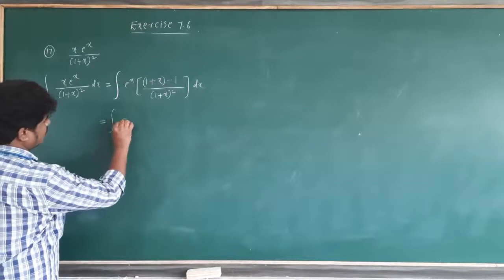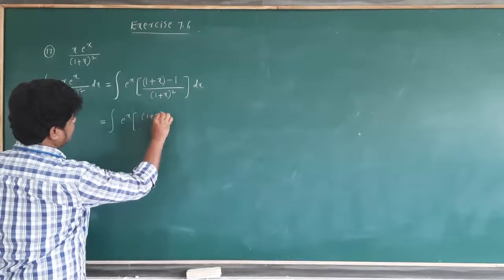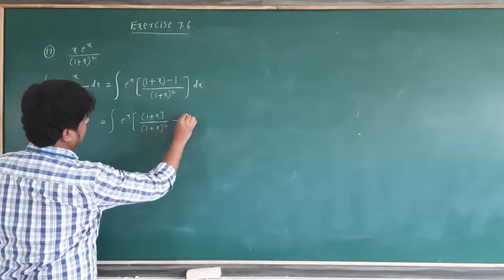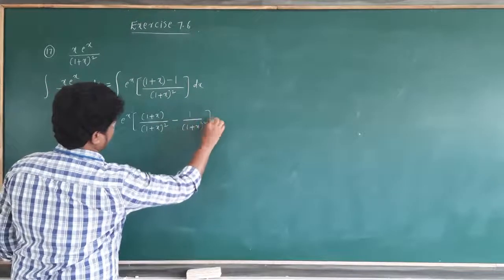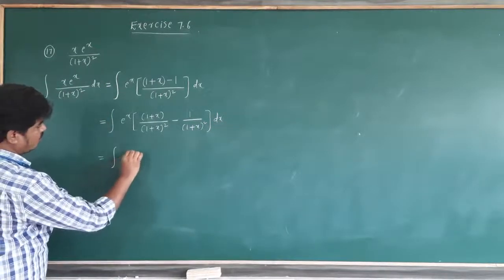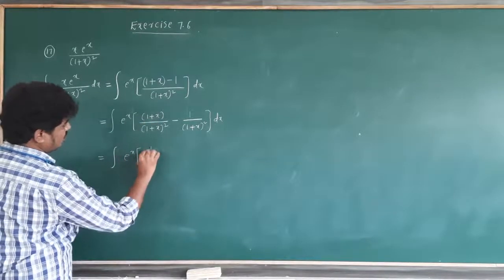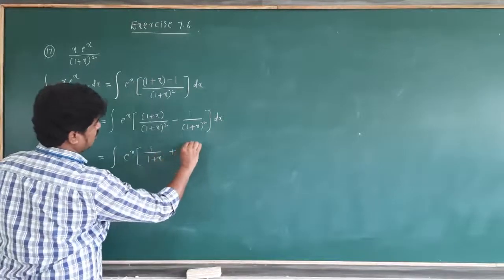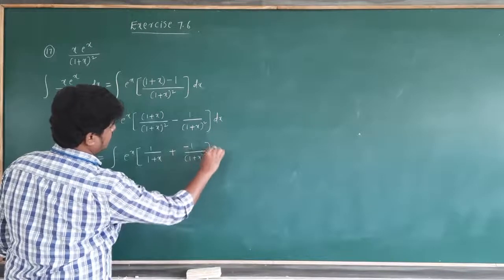So what we can write? Integral of e to power of x, I wrote 1 plus x divided by 1 plus x whole square minus 1 divided by 1 plus x whole square dx. This is equal to integral of e to power of x. Now by cancelling this 1 plus x, what we have? 1 divided by 1 plus x and then minus 1 divided by 1 plus x whole square dx.